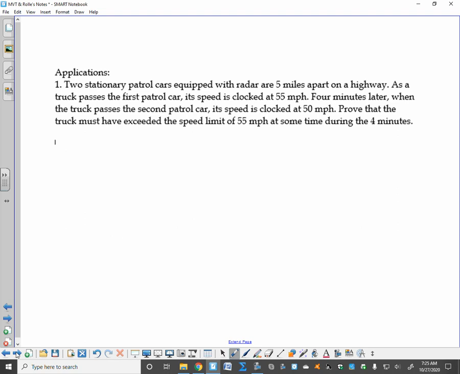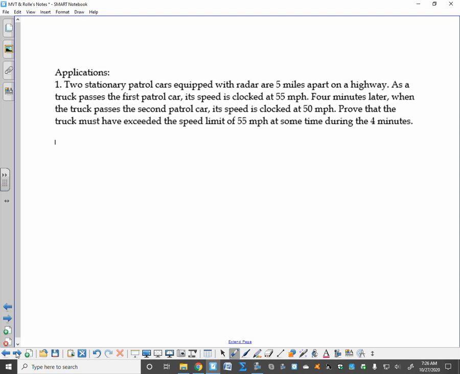As a truck passes the first patrol car, its speed is clocked at 55 miles per hour. 4 minutes later, when the truck passes the second patrol car, its speed is clocked at 50 miles per hour. Prove that the truck must have exceeded the speed limit of 55 miles per hour sometime during those 4 minutes.